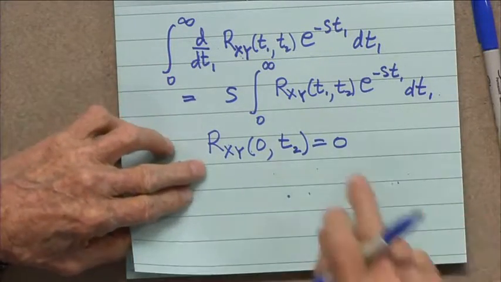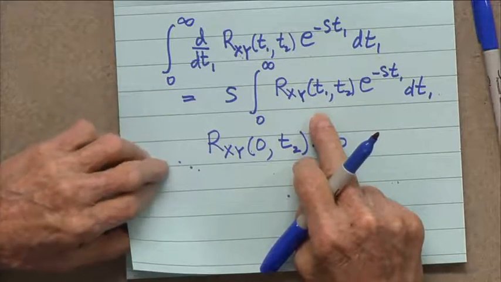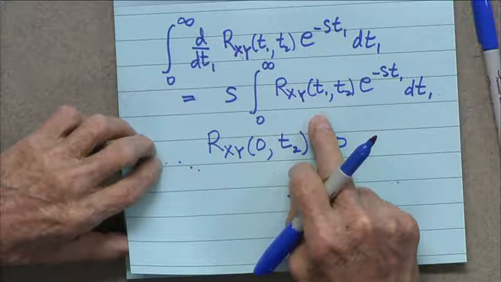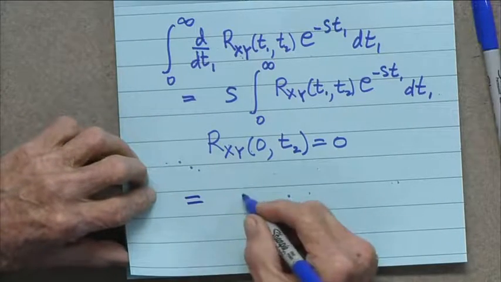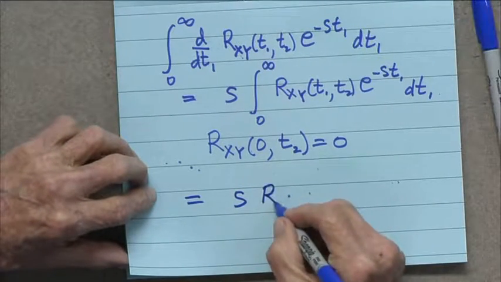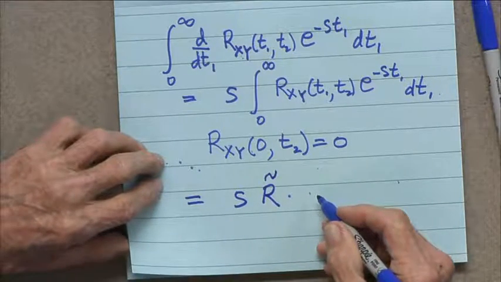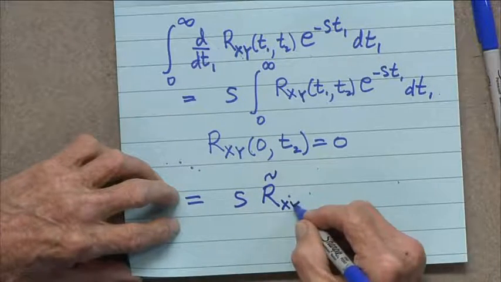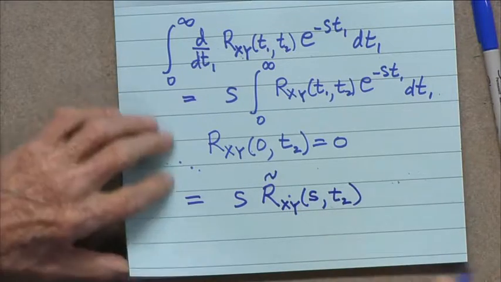Okay, so what am I going to call this transform? I'll say it's equal to the Laplace transform, curly bracket, Rxy, s, t2.